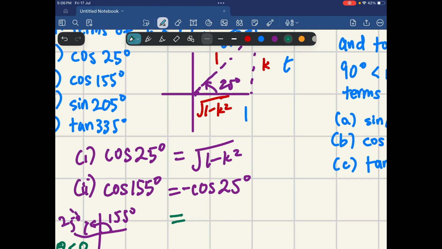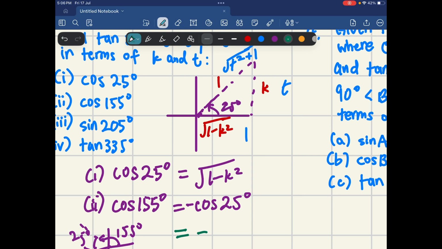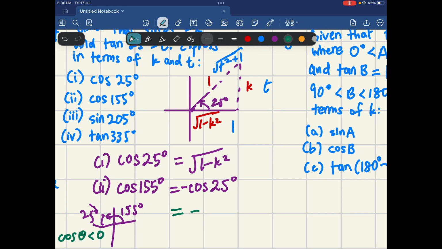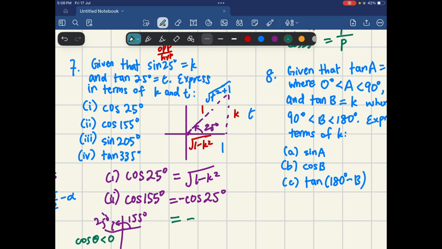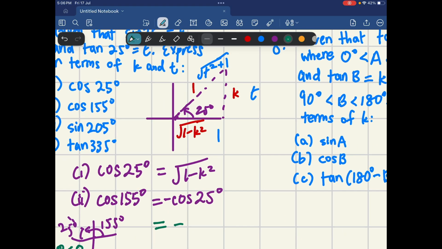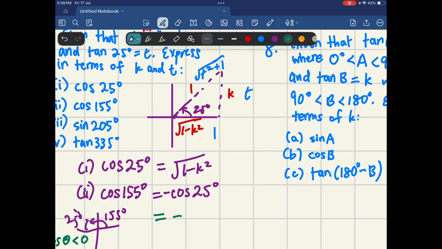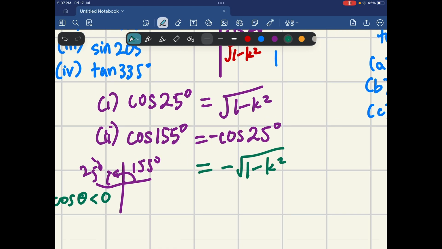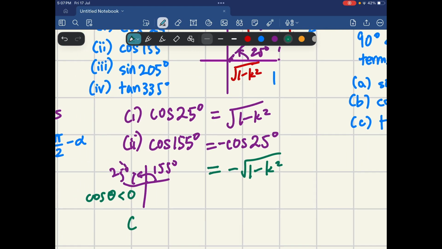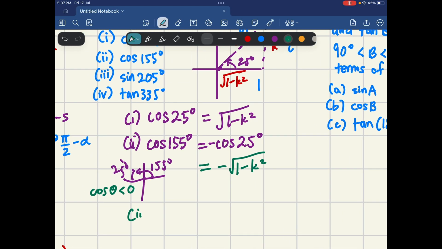So cosine of 25 will be the same thing we got above, so square root of 1 minus k squared. We get sine 205.